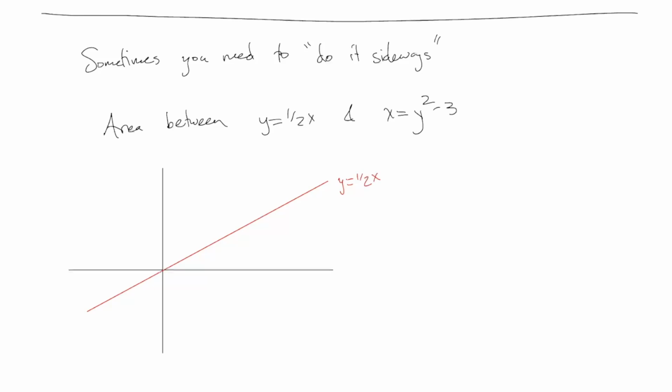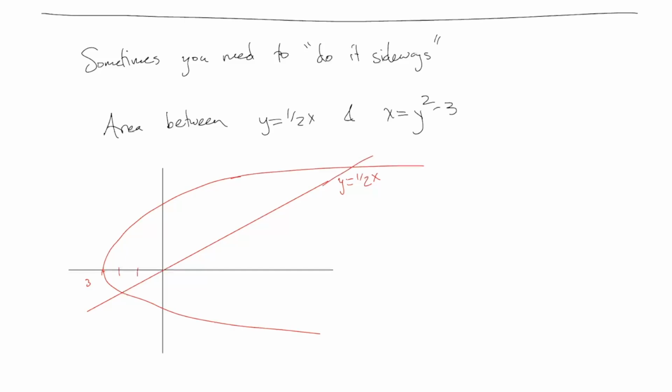The other one though, x equals y squared minus 3. This is kind of a sideways parabola. It looks like it's a quadratic thing, but it's x in terms of y rather than what we usually do, y in terms of x. What that one looks like is this. So coming back to 3 here, and it looks like a parabola that goes this way.